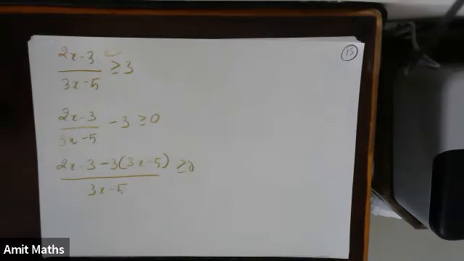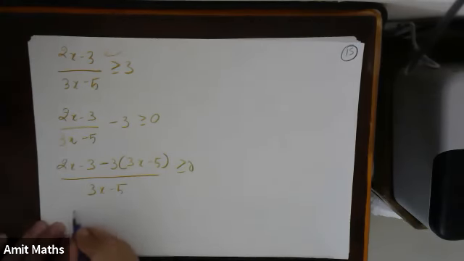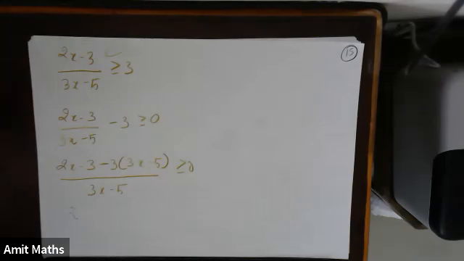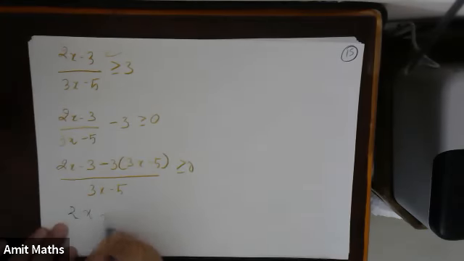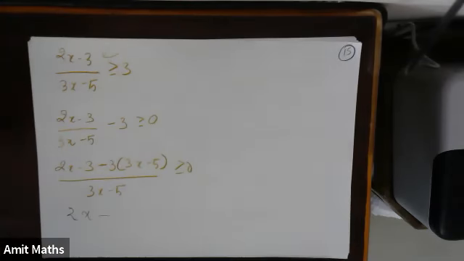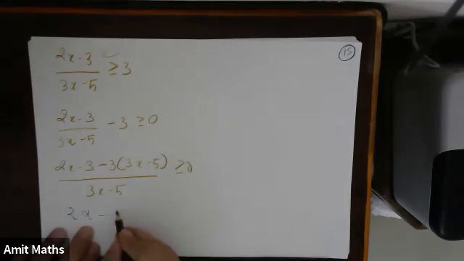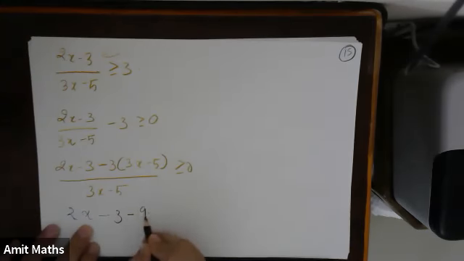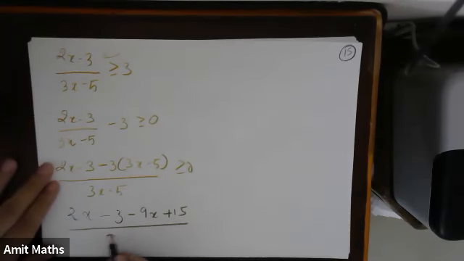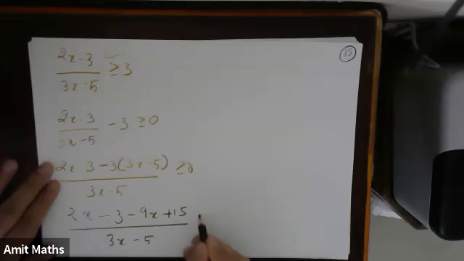Okay, now this becomes 2x minus 3 minus (9x minus 15) upon (3x minus 5) should be greater than or equal to 0.